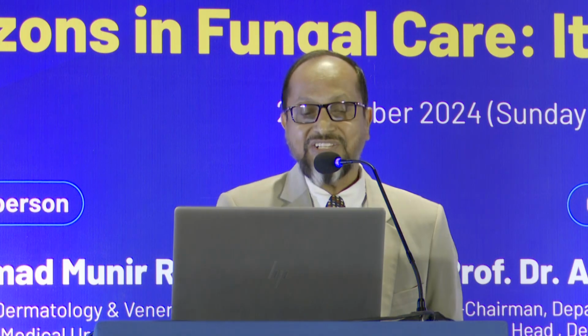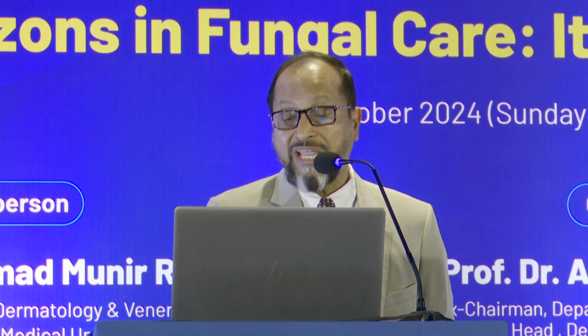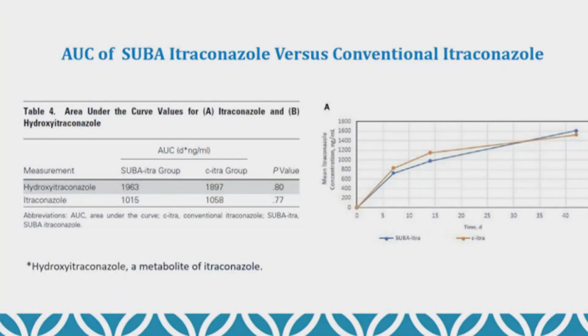I'll talk about that later. So these are some absorption profiles that have been covered. I'm not going too much into this. This is a graph. We can see that the blue one is super bioavailable itraconazole, and the yellow one is conventional itraconazole.